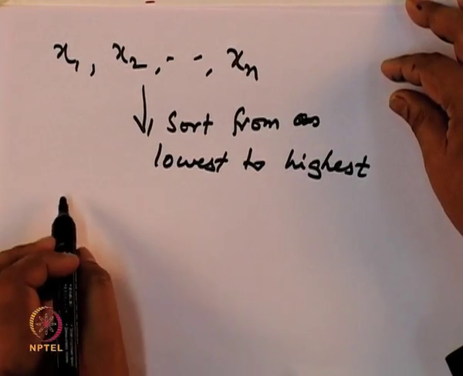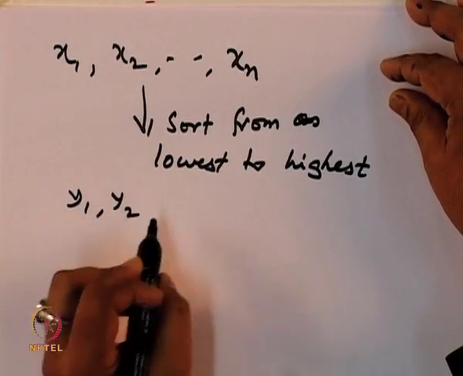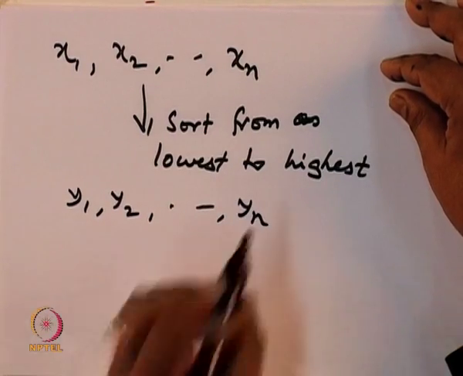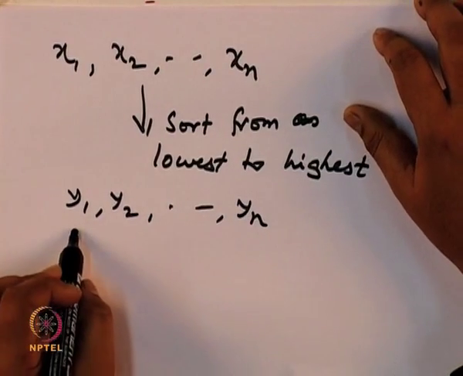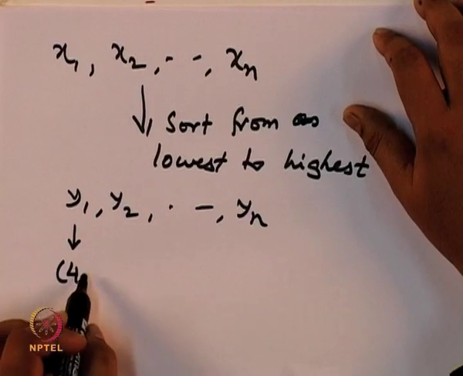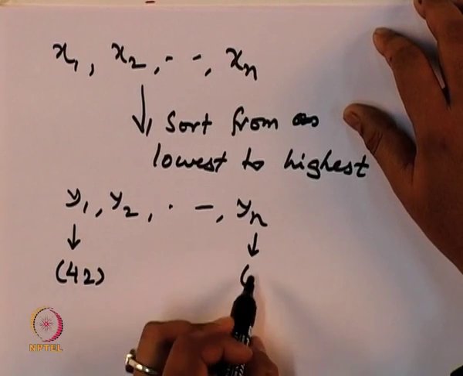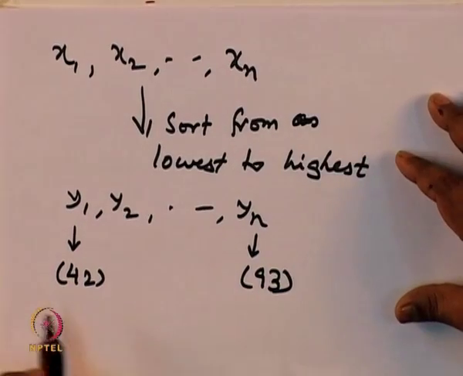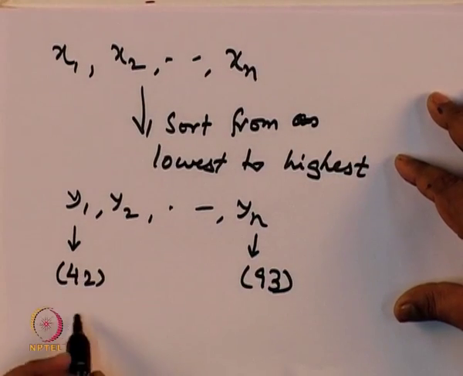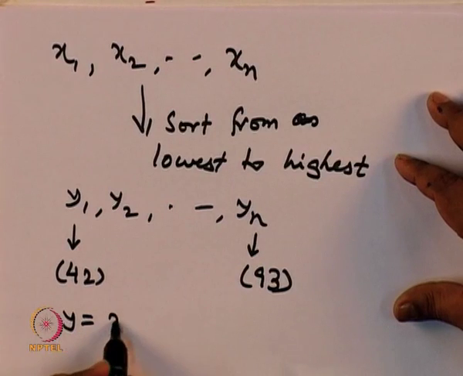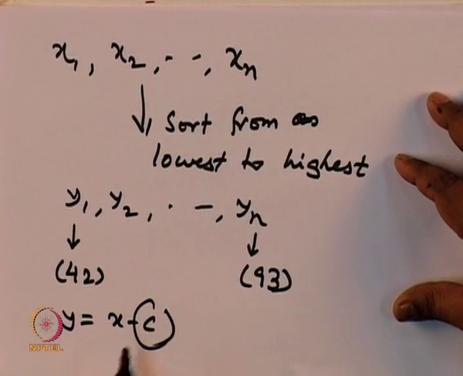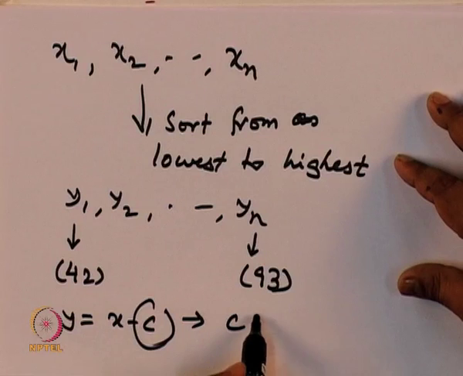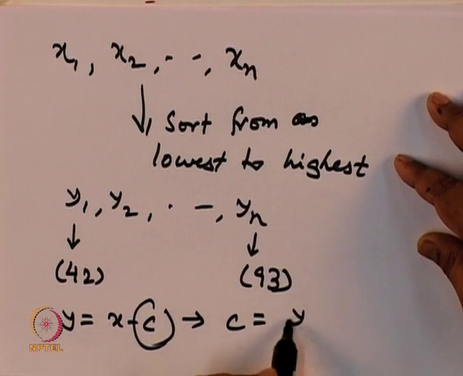And let us say we call them y1, y2, and so on, up to yn. So, in our previous case y1 was roughly 42 and yn is roughly 93. So, what we can now do is have this transformation y is equal to x minus c, where c is the average of y1 and yn.